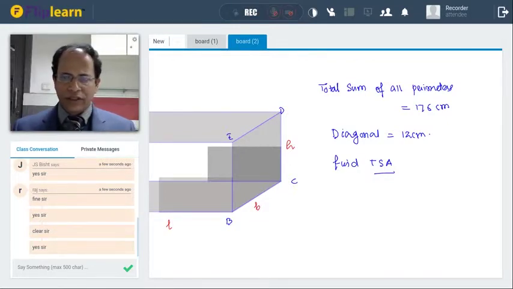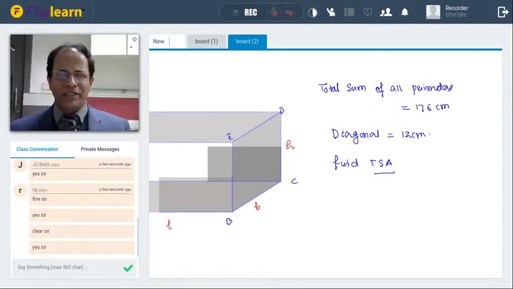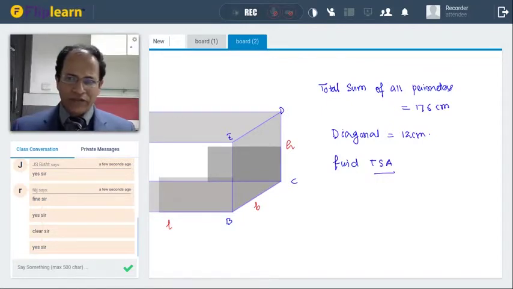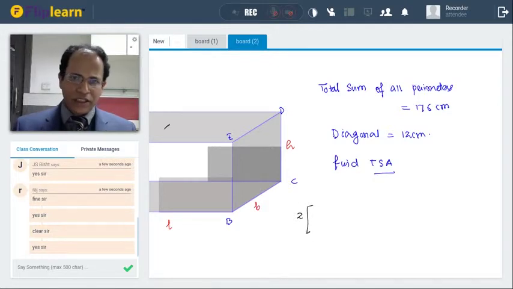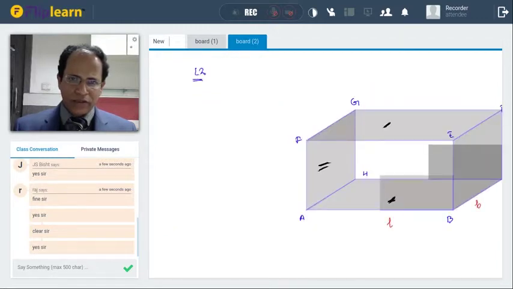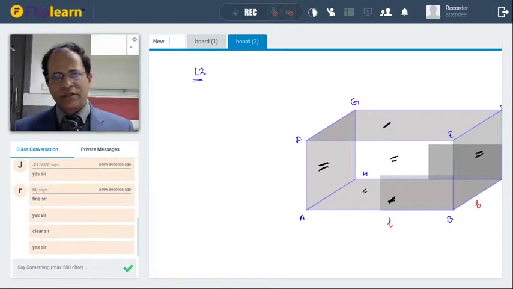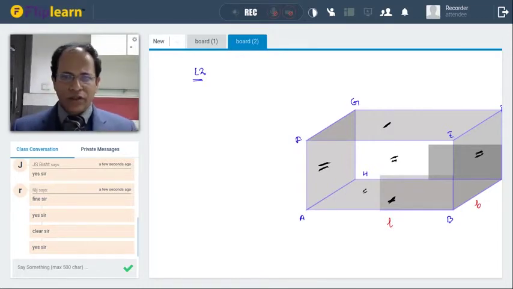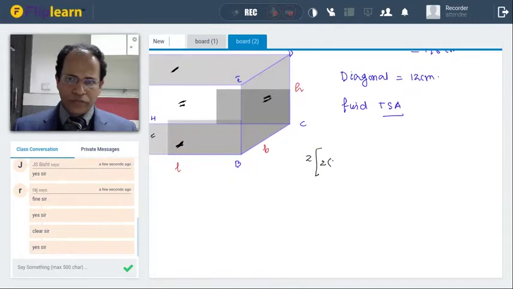We have the diagonal. So first of all, let's have a look at the sum of all the perimeters. The perimeter of this rectangle and this rectangle will be the same, and the back one and the front one will be the same. So we can take it as 2 into (L plus B), because there are two faces.